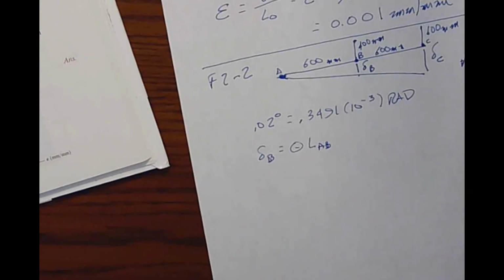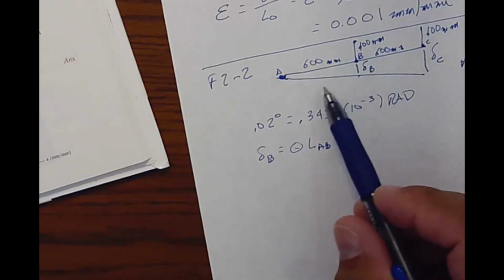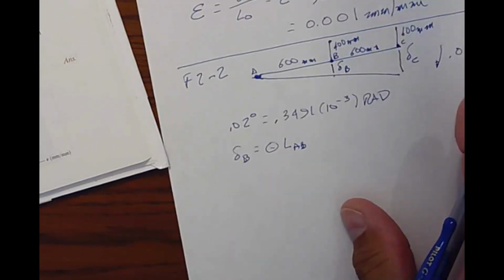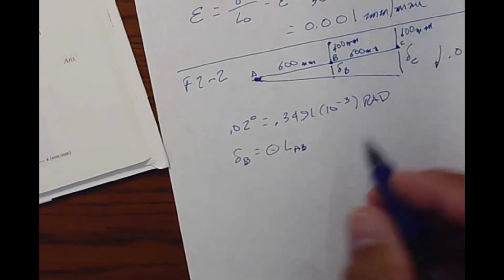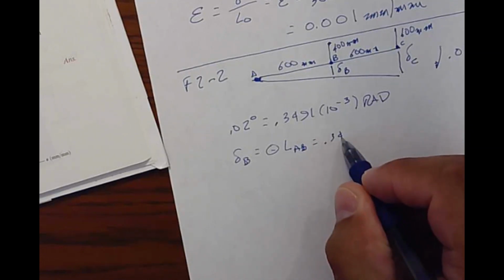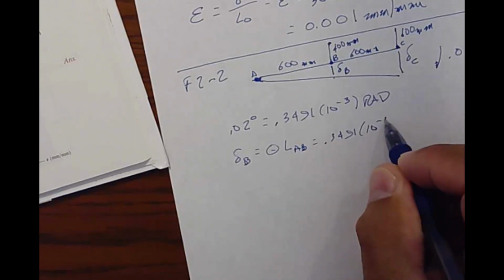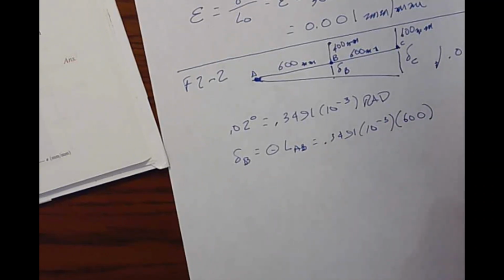Now you could say, oh, but Mr. Wilt, we're supposed to use the sine because that's the opposite over the hypotenuse, right? Well, yeah, except that remember we said for small angles, you just use the angle. So that's equal to 0.3491 times 10 to the minus third times LAB, which is 600, and that's going to be equal to 0.2094.